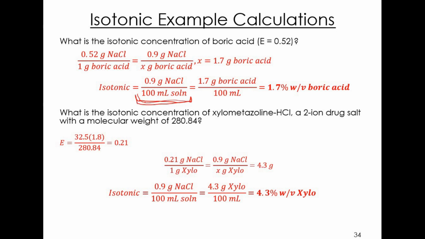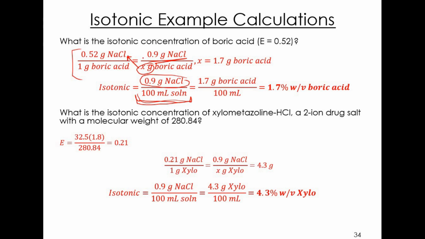We'll take the isotonic concentration of sodium chloride and we will replace the grams of sodium chloride with the equivalent amount of boric acid. So we'll take the E-value of boric acid, 0.52 grams of NaCl per gram of boric acid, and we'll ask how many grams of boric acid are represented by 0.9 grams of NaCl.